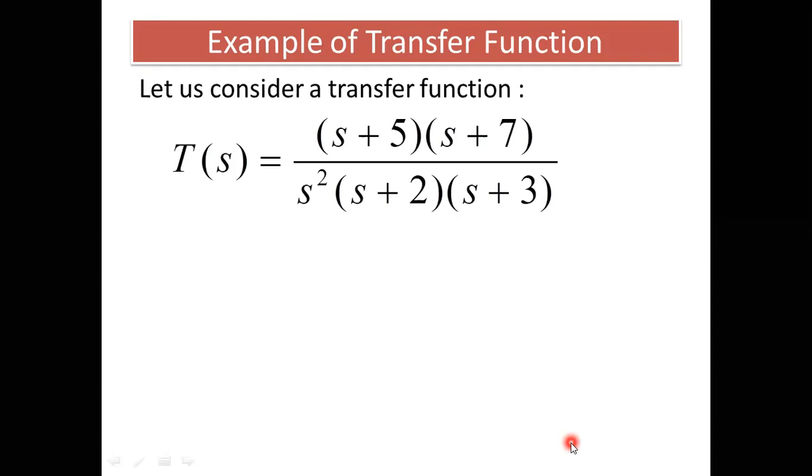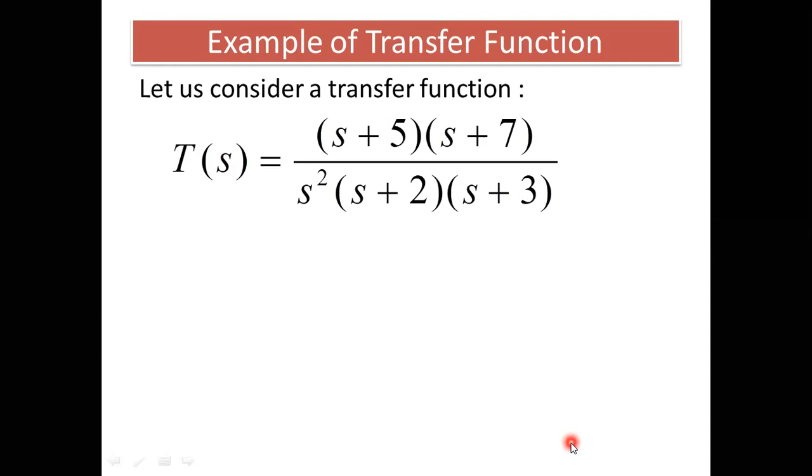In front of your screen, you will be seeing a transfer function, the ratio of the Laplace transform of output with respect to the Laplace transform of input. It consists of some zeros and some poles: zeros are denoted by the numerator, and poles by the denominator polynomial.